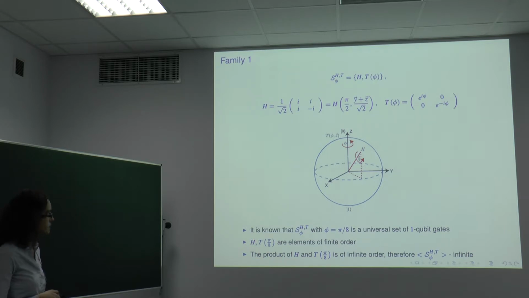However, note that in this case both of these gates are elements of finite order, because the Hadamard gate is the rotation by angle pi over 2 around this axis.